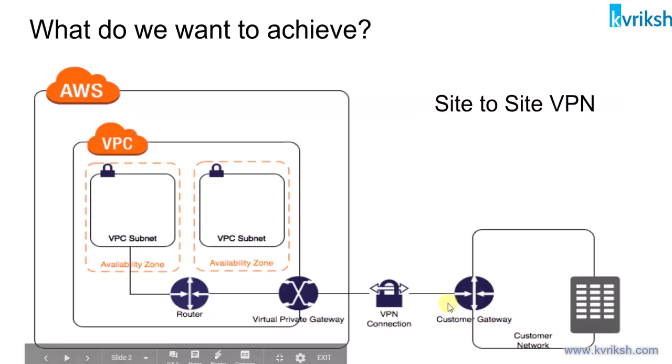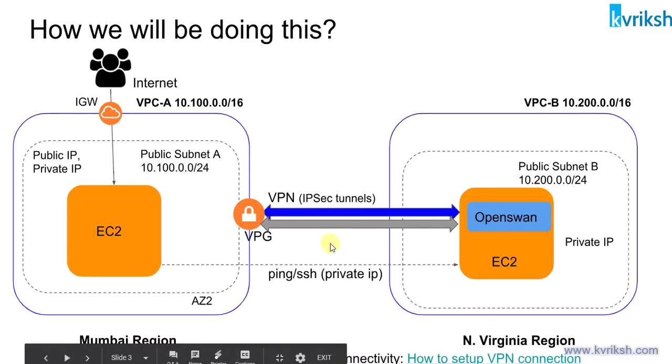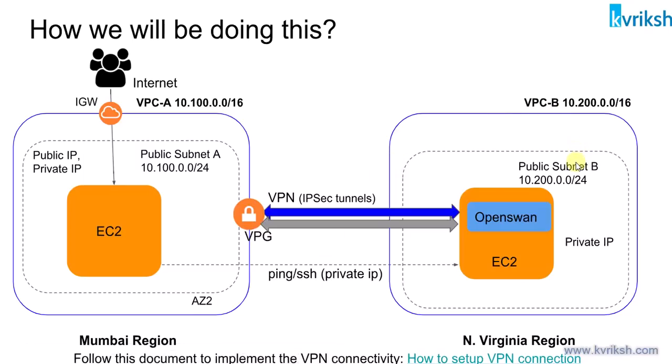So we want to do something like this, but as you know, we have access to AWS, but we probably don't have access to a customer network. So we need to simulate this, and for this we will be setting up a software-based VPN connection. How it would look is like this, where we will use another VPC in another AWS region, which simulates the customer data center network.